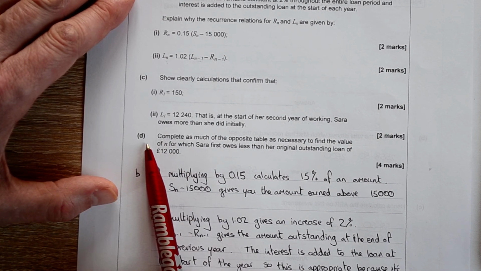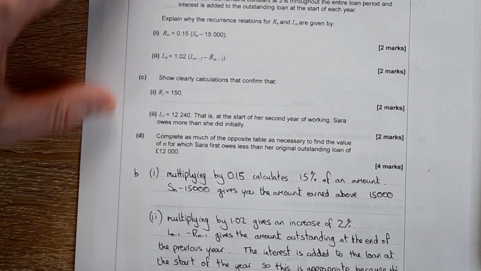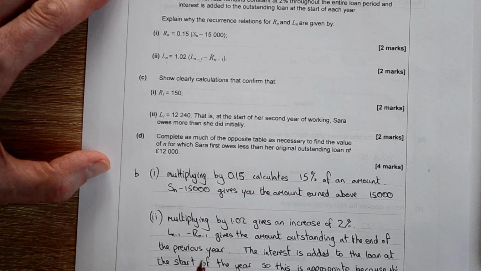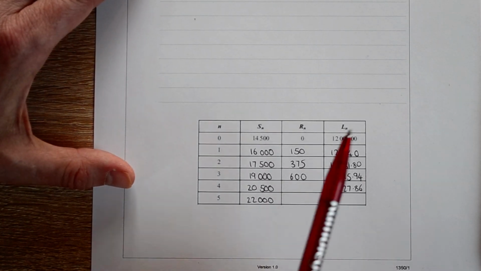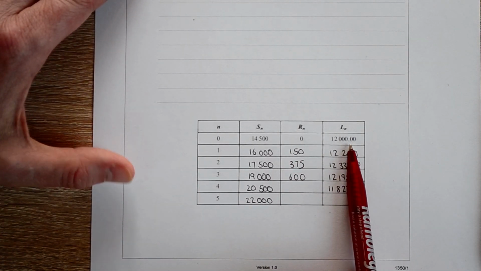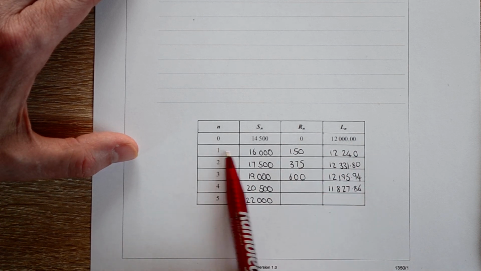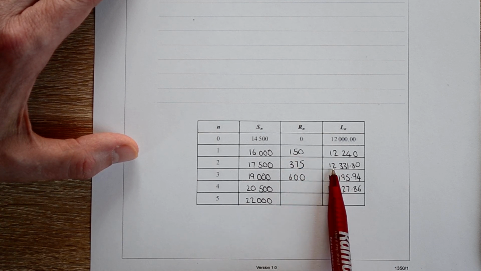Part D, fill in the table until we find the value of n for which Sarah first owes less than she started at. What we see happening here is we add on 2% of what's still outstanding each time. During year 1, we take off 150 repayment and add on 2%, which gives us that much.